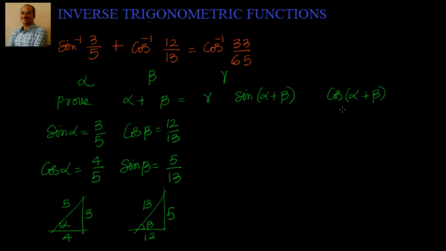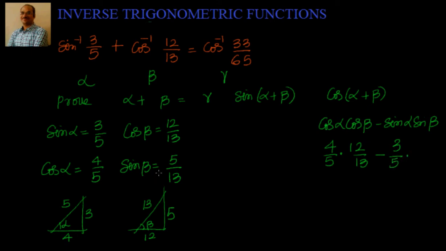Now first we will do this: cos alpha cos beta minus sin alpha sin beta. What is the value of cos alpha? 4 by 5. What's the value of cos beta? 12 by 13, minus what is the value of sin alpha? 3 by 5.